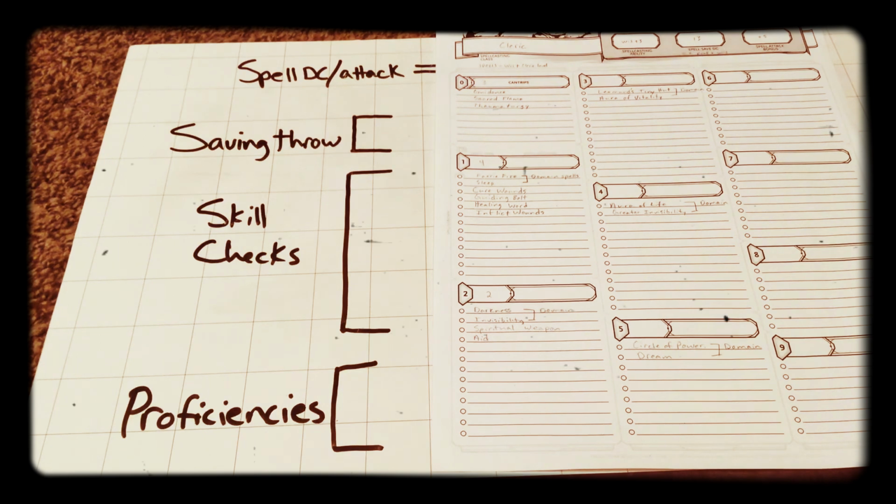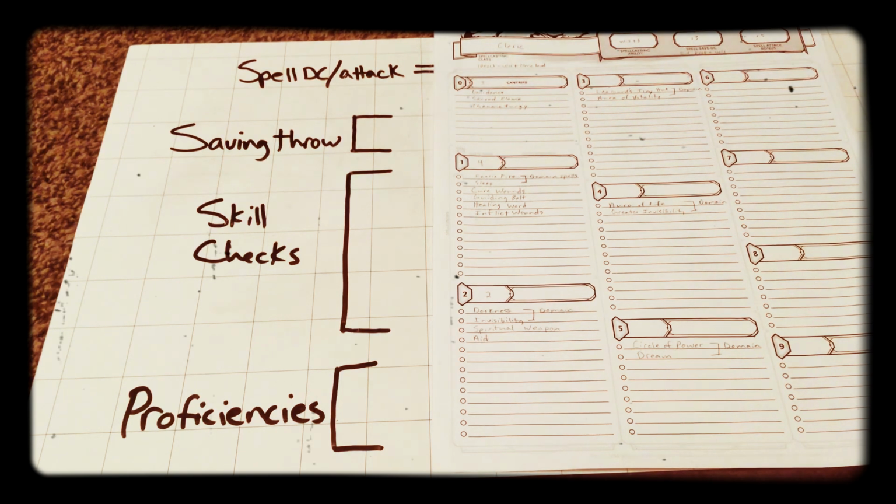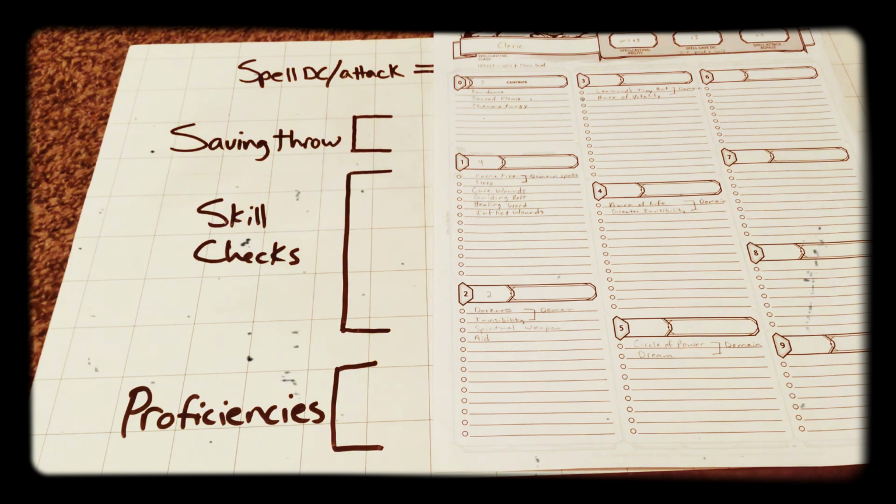Well, 13 or higher, because meets beats in D&D. And that's where those come in. For example, here, this Sacred Flame is a saving throw spell. So instead of me attacking and using this number, I attack them, and they have to make a saving throw against this number in order to see if they take any damage.